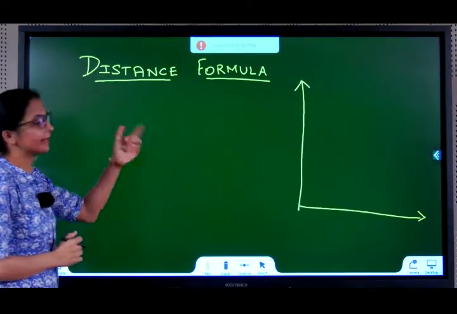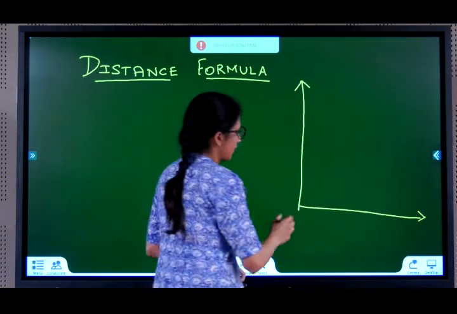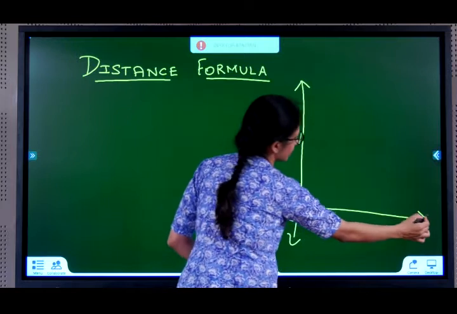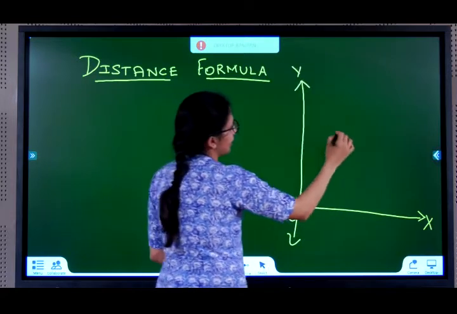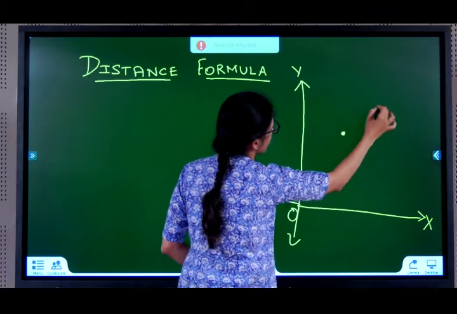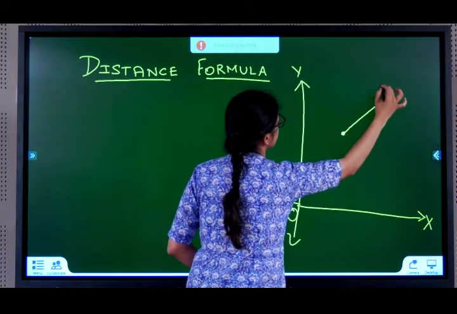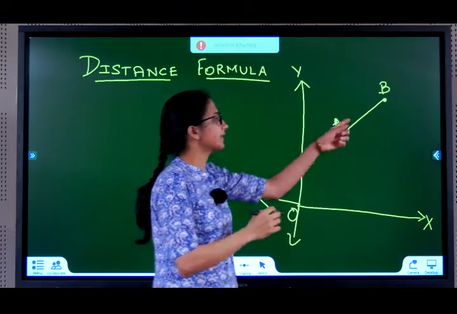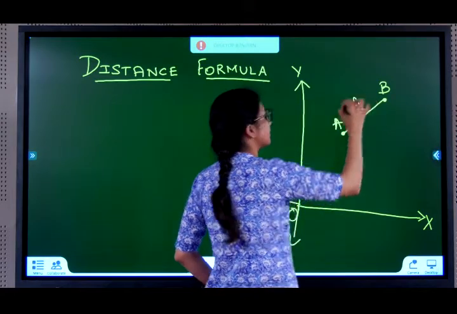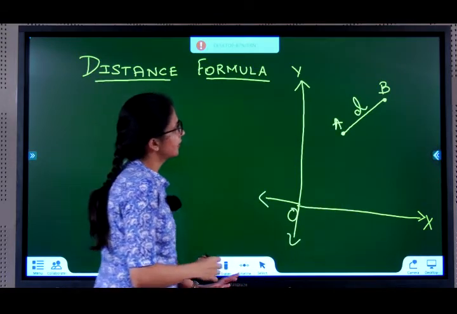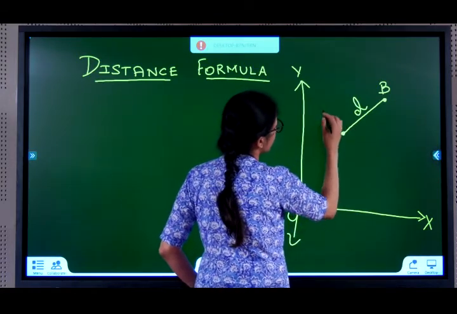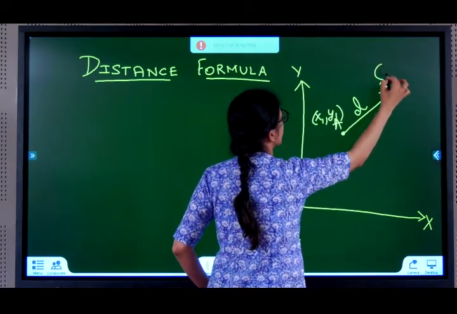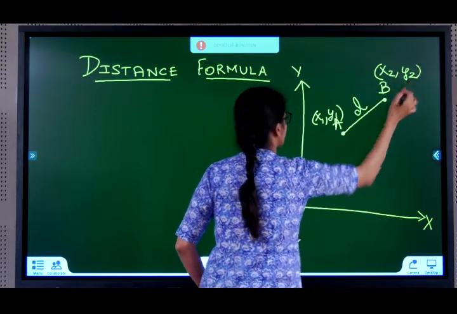So let's see how do we get the distance formula. This is the origin, x-axis, y-axis. Let us say we have 2 points A and B. We want to find this distance between A and B. Let's call it D. This point A, the coordinates of A is x1, y1 and the coordinates of B, let it be x2, y2.